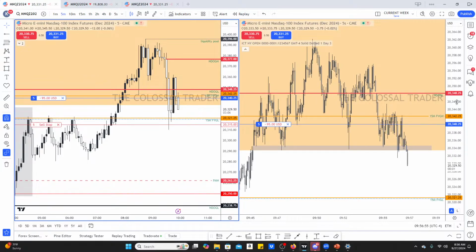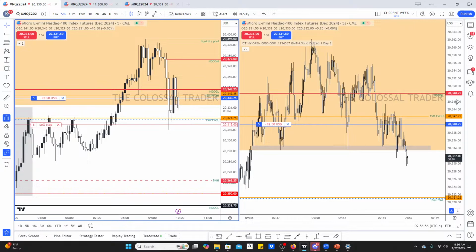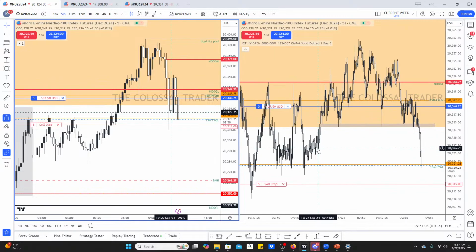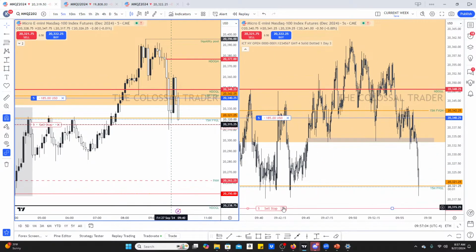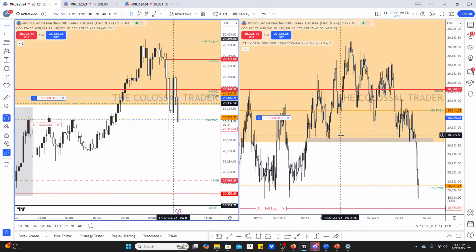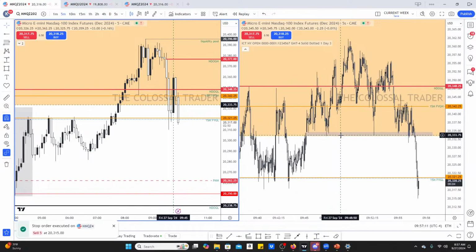I don't like this. These lows look like they're in jeopardy, for sure. Yep. Oh, this right here, going to be taken. Stop loss like to get hit now. There you go.